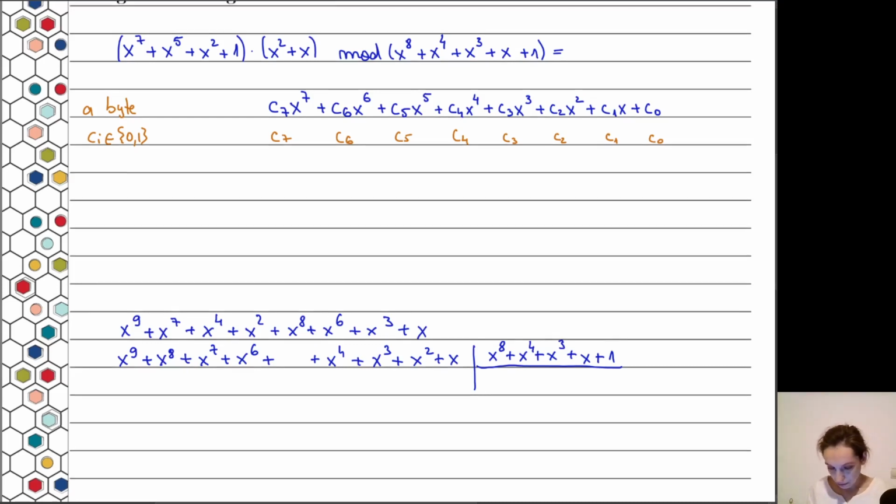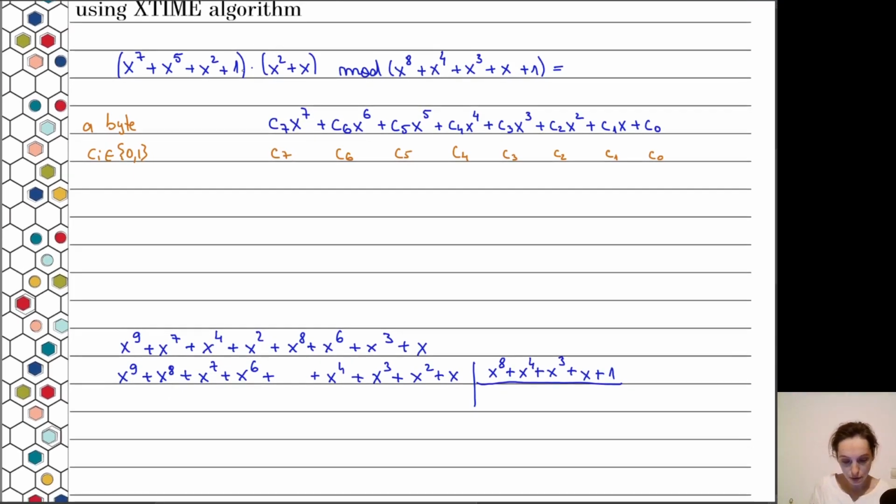So we multiplied these two polynomials using the same method. We multiplied the first polynomial by the first term in the second polynomial. The result is here. Then the first polynomial is multiplied by the second term in the second polynomial, and the result is here.